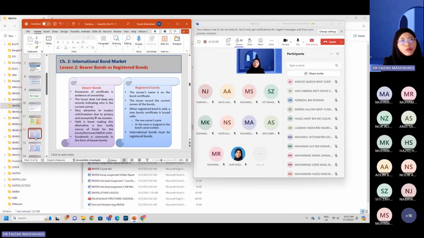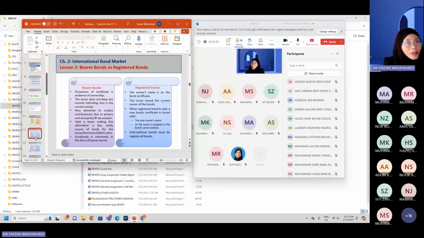So one of the requirements, one of the rules, is that the bonds must be registered. The owner's name, the buyer's name of the bond, must be printed on the paper. It is more secure for the surplus unit to purchase this registered bond or international bond, which is also known as foreign bond.